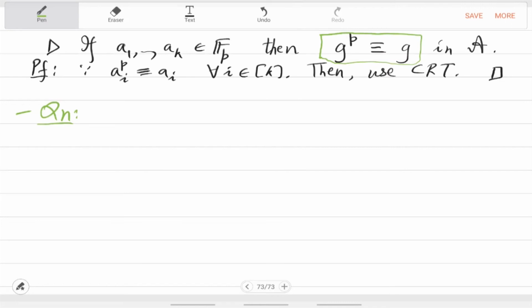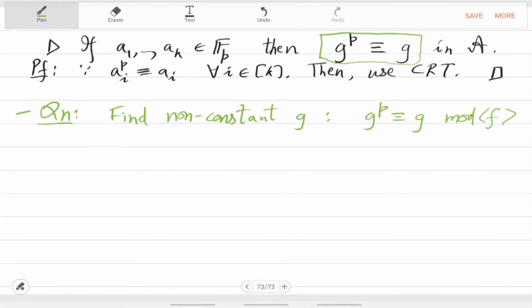So basically find non-constant g such that g to the p is g mod f. So can you find this? That is the algorithmic question.